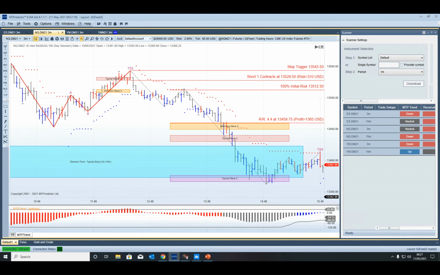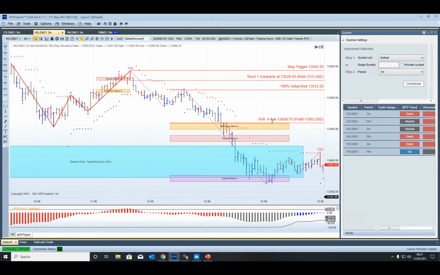This is why position sizing is so vital and why it's a fundamental part of MT Predictor and has been a fundamental part of MT Predictor for so long, is that it's not the number of trades that you make, it's keeping the losses small. It's not the number of trades you make, it's keeping the profits large.